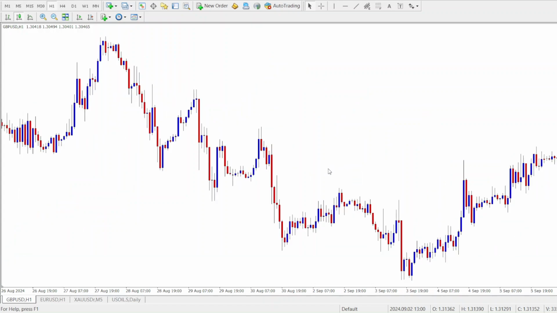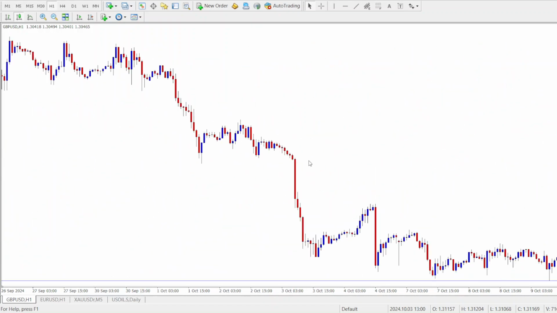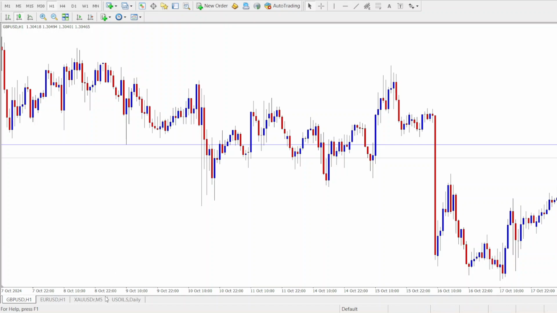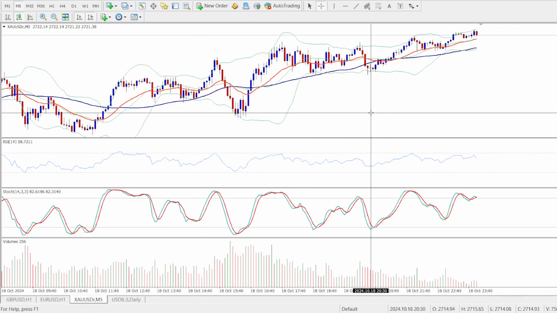If you notice some reoccurring similarities, then you might want to consider other currency pairs. Okay, so try as much as possible to avoid trading very highly correlated currency pairs, so that you can minimize your risk.